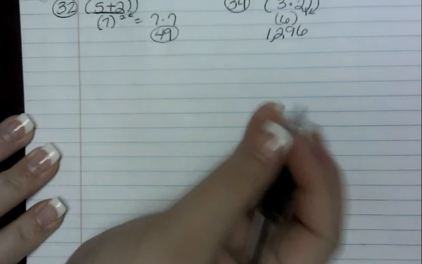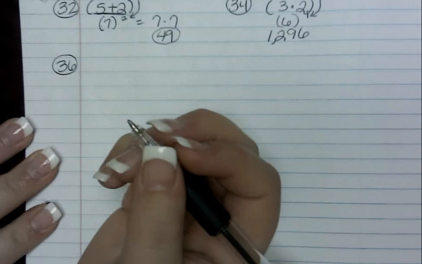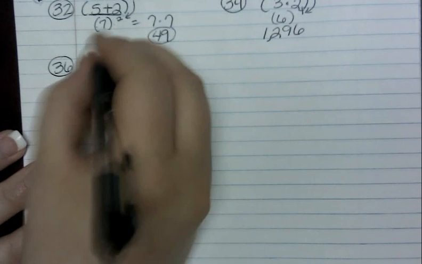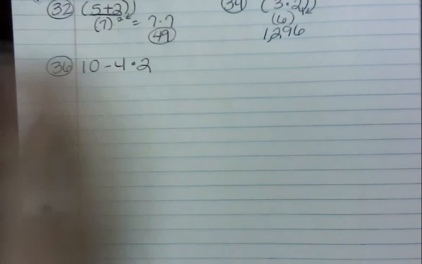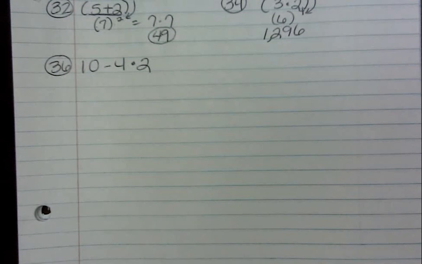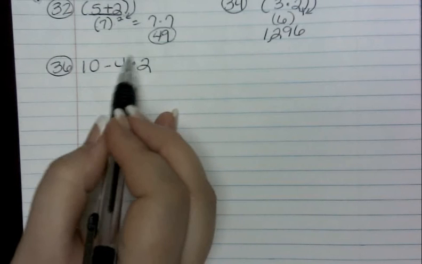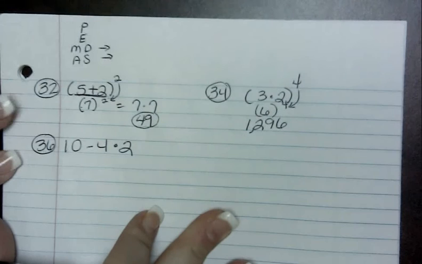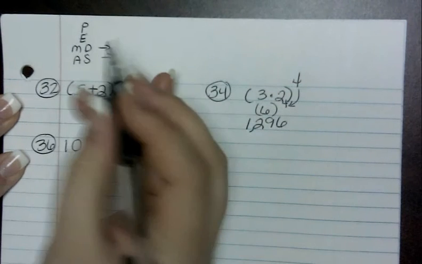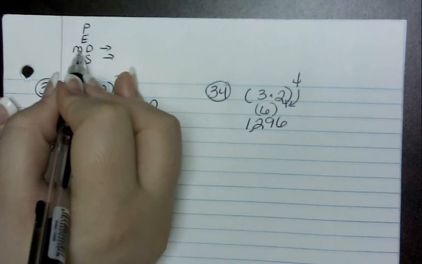Now let's look at problem number 36. I have 10 minus 4 times 2. Alright, so we have two operations here. We have subtraction and we have multiplication. So you have to look at your order of operations and say, well, which one comes first? Subtraction or multiplication? Well, M comes first.